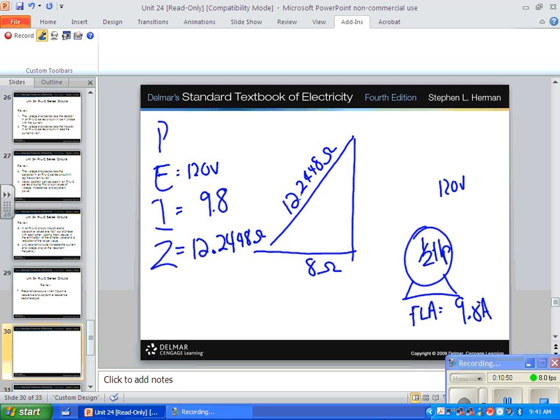What side of the triangle is this over here? That's the opposite, right? So let's say sine, cosine, and what am I leaving out? Tangent.